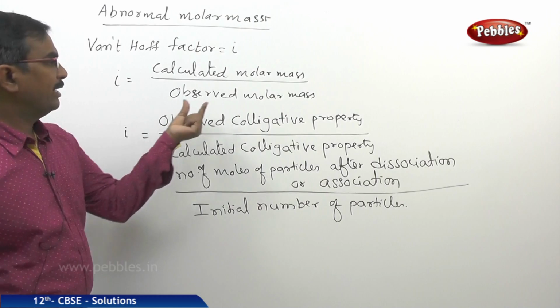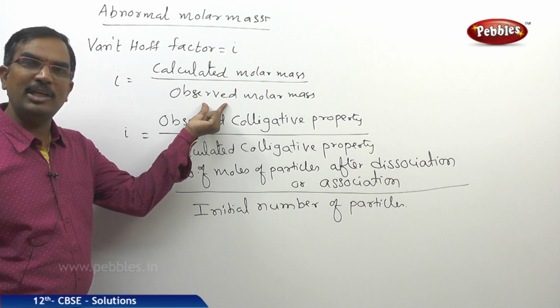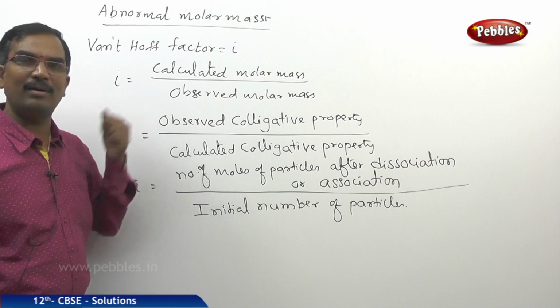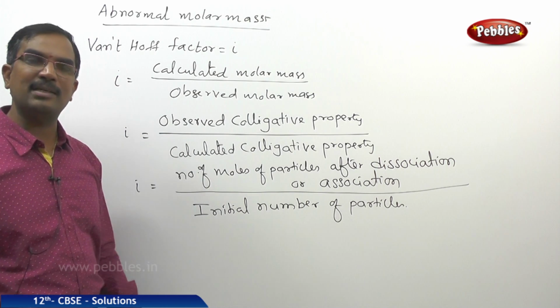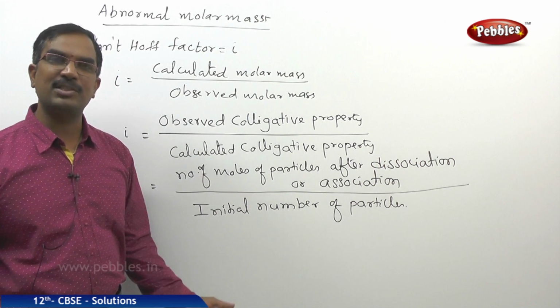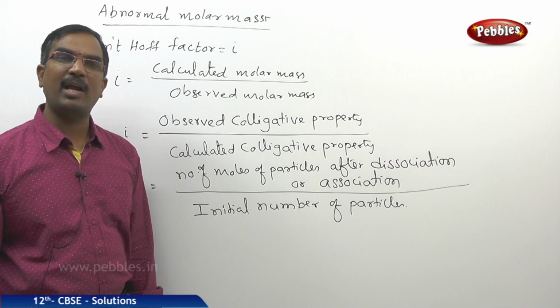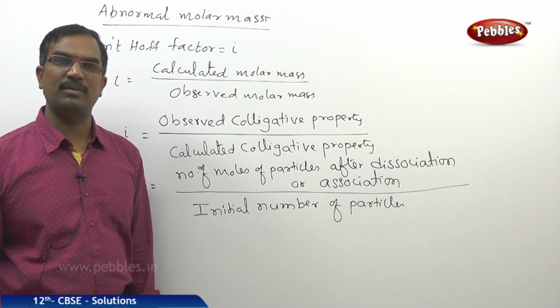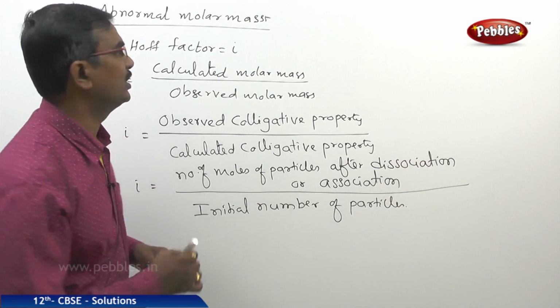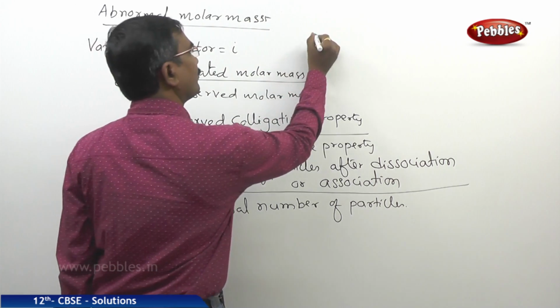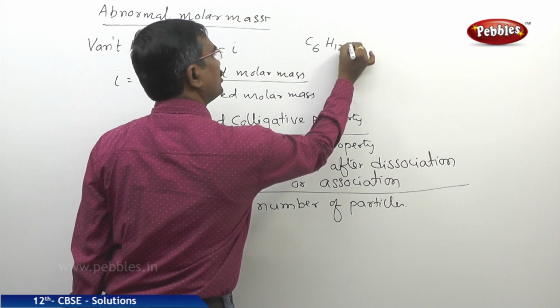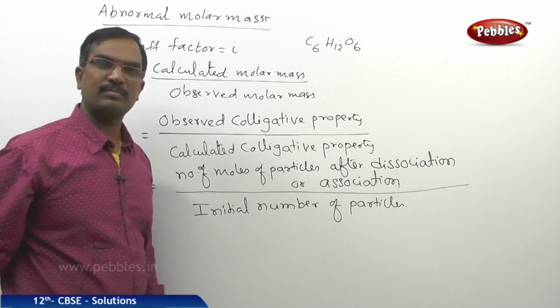Generally, if the denominator value is equal to the numerator value, then we can say I is equal to 1. The same we observe in the case of electrolytes or substances or solutes which cannot undergo any dissociation or association. For example, take glucose, C6H12O6.